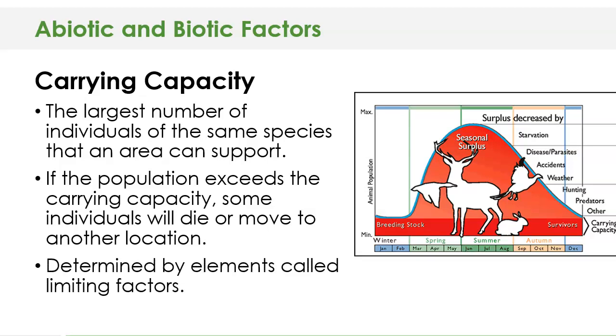The things that help to determine the carrying capacity of an ecosystem are called limiting factors. So we're going to take a look at what limiting factors are, how biotic factors can be limiting factors, and how abiotic factors can be limiting factors that help to determine the carrying capacity of a particular ecosystem.